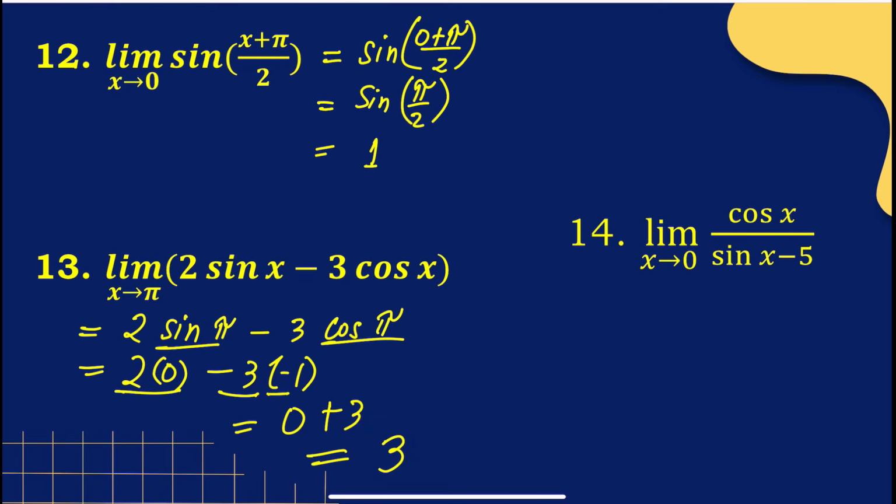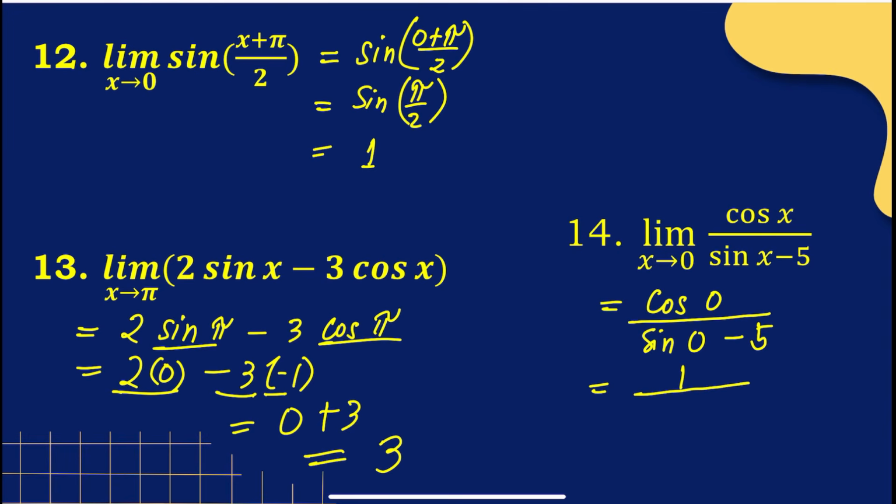Number 14. The limit of cosine x over sine x minus 5, where x approaches 0. Cosine x will become cosine 0 over sine 0 minus 5. What is cosine 0? Cosine 0 is equivalent to 1.